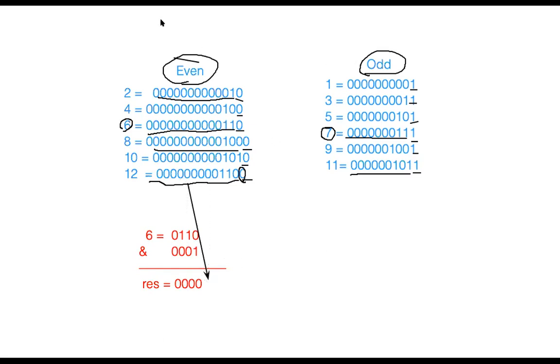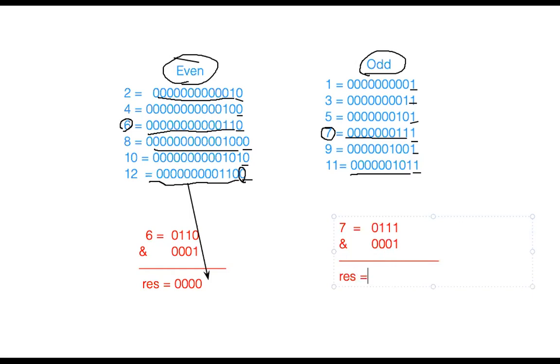But what happens if your number is an odd number? Suppose take the example of 7. What is my 7? 0 1 1 1. Okay, so here I am asking with the same bit pattern, 0 0 0 1 0 0 0 1. So tell me the answer.